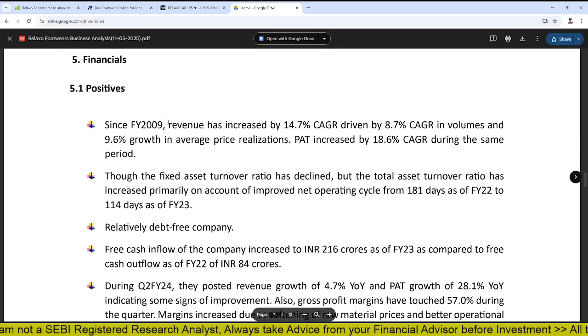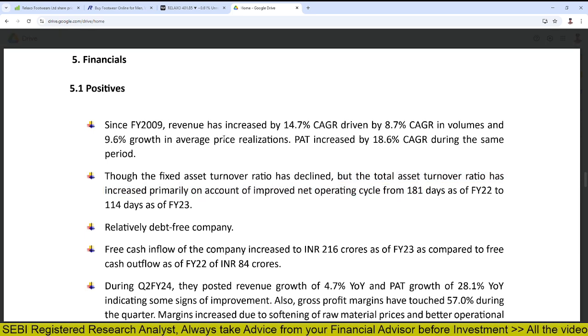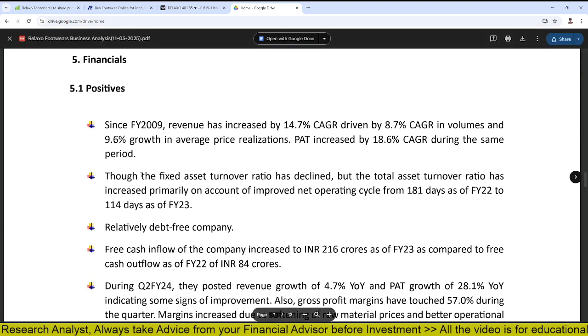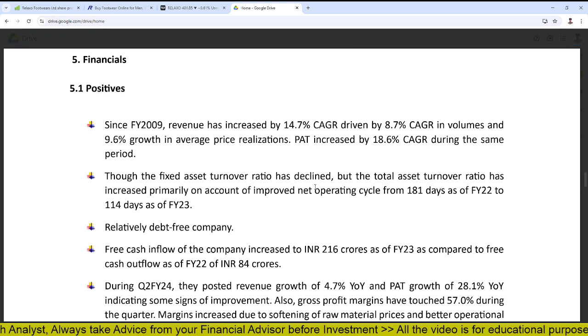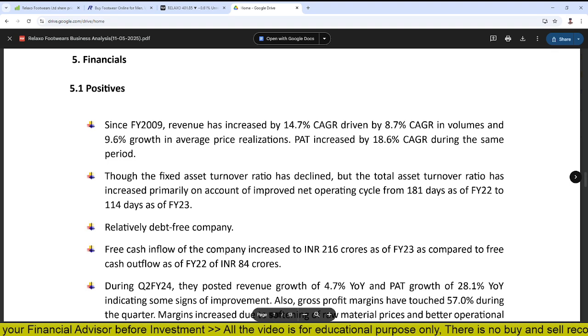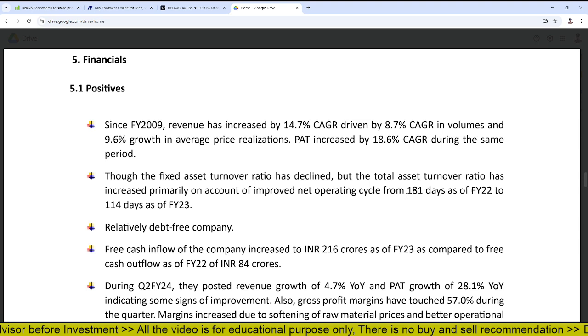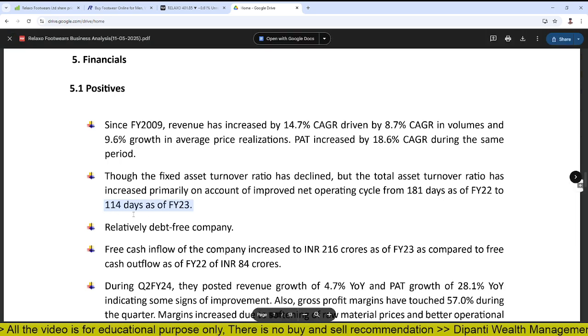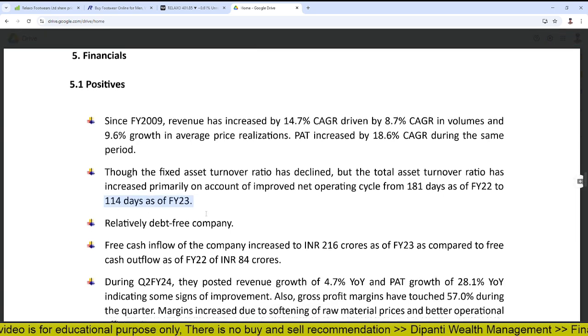So from 2009 the revenue has increased by 14.7% and PAT increased by 18.6% CAGR, compounded annual growth rate. The net operating cycle was 181 days in financial year 22, but in financial year 23 it is 114 days. That is also a positive sign.